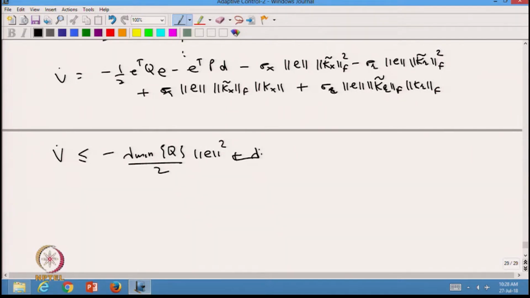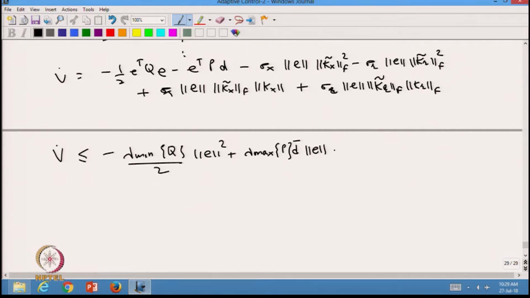So, plus lambda max, which is the maximum eigenvalue of the matrix P, times d bar times norm of E. D bar is the upper bound on the disturbance.